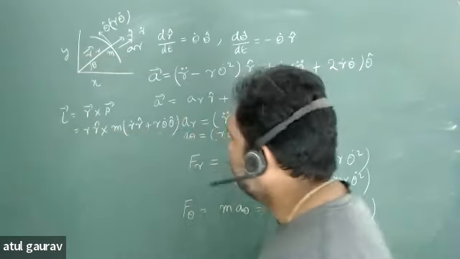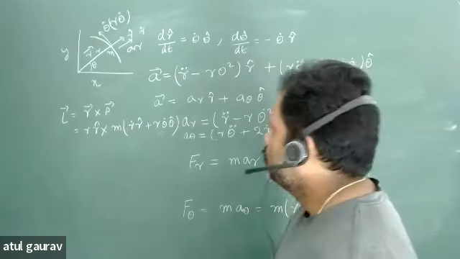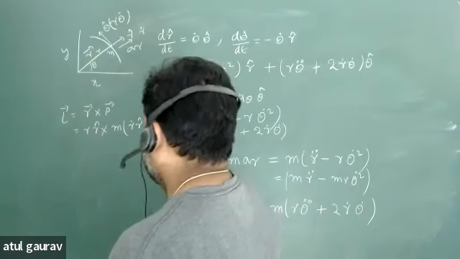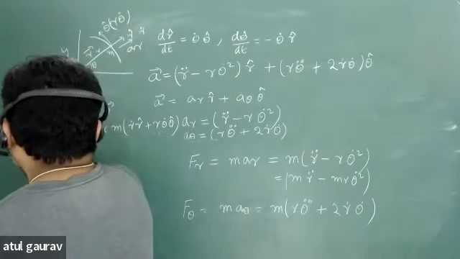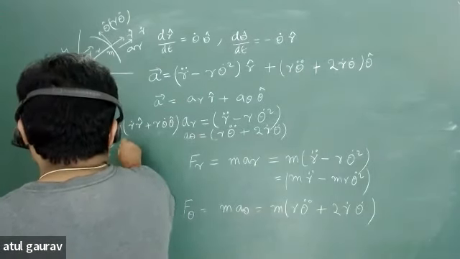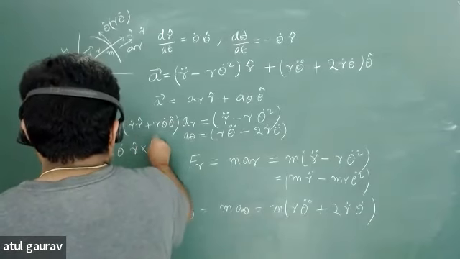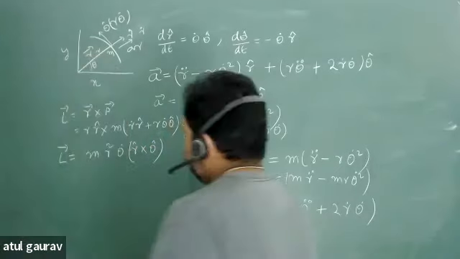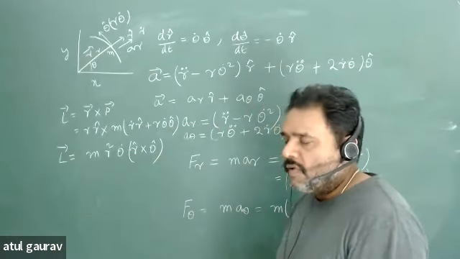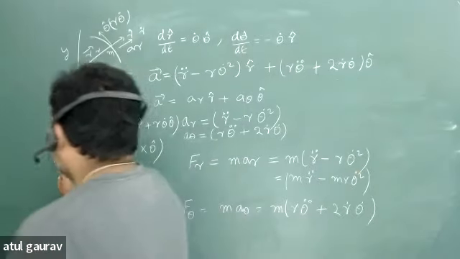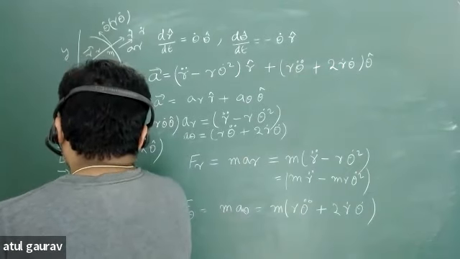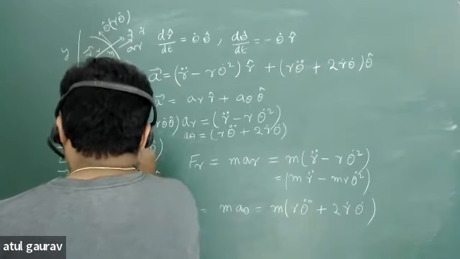What will be r cap cross r cap? Zero. So the angular momentum is m r square theta dot, r cap cross theta cap. And r cap cross theta cap is z cap. So this angular momentum is actually your LZ, and its value is m r square theta dot z cap.